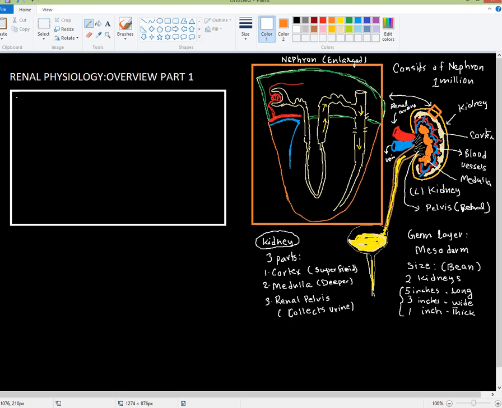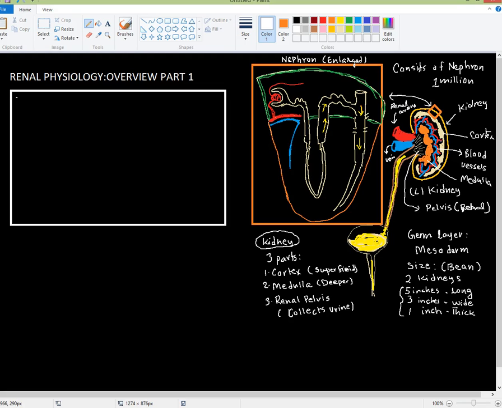And then it goes to the venous circulation and reaches the renal vein, and from the renal vein it goes finally to the inferior vena cava, back into the circulation.